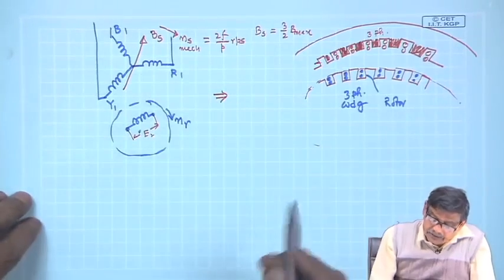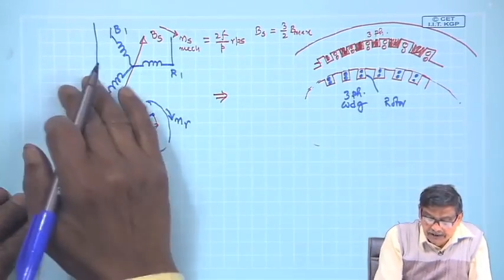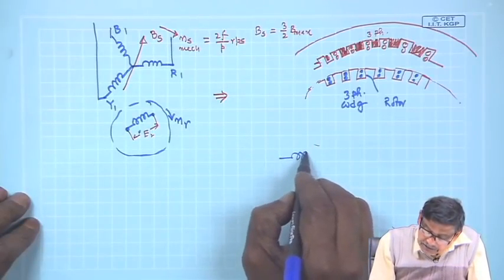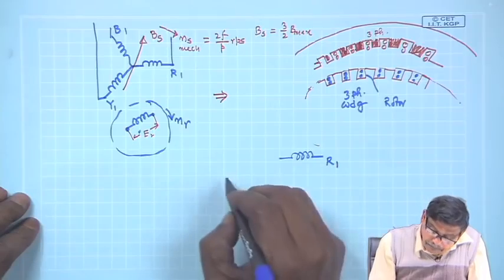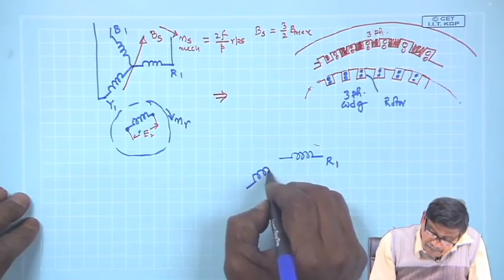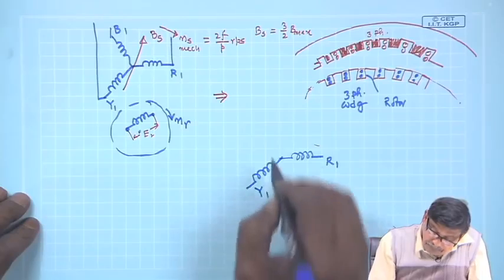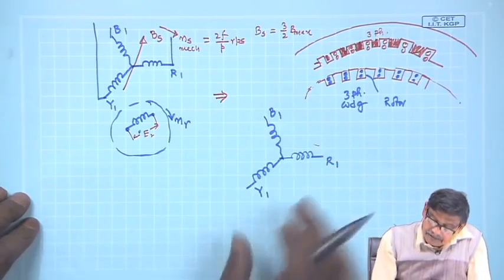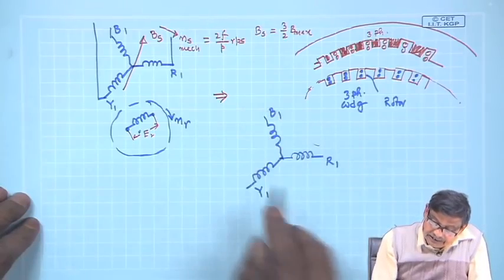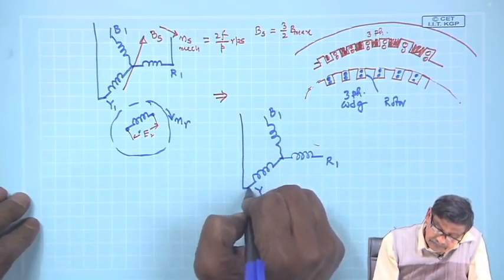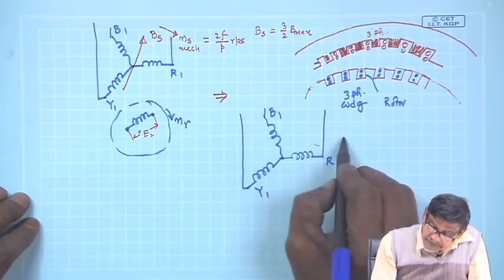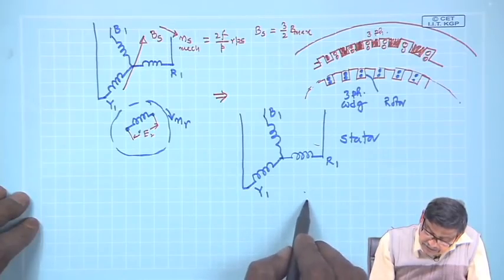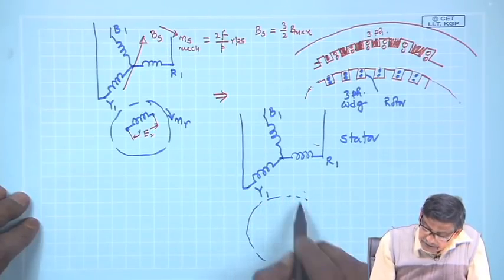And such a scenario can be simplified in its representation in this way. I will draw it like this. Okay, this is my stator R1, Y1 and B1. Suppose this is the stator, stator coil. This part is the stator, and the rotor part also is a 3-phase distributed coil.